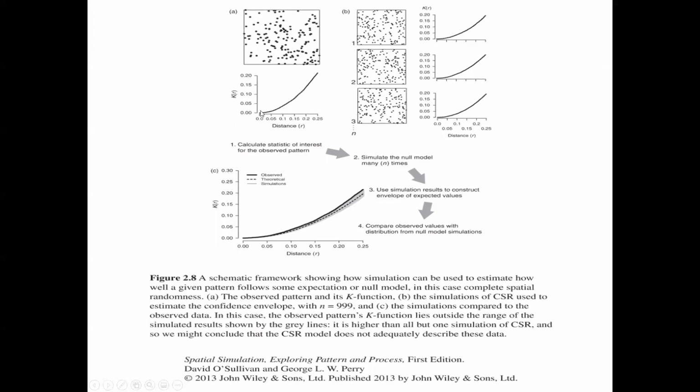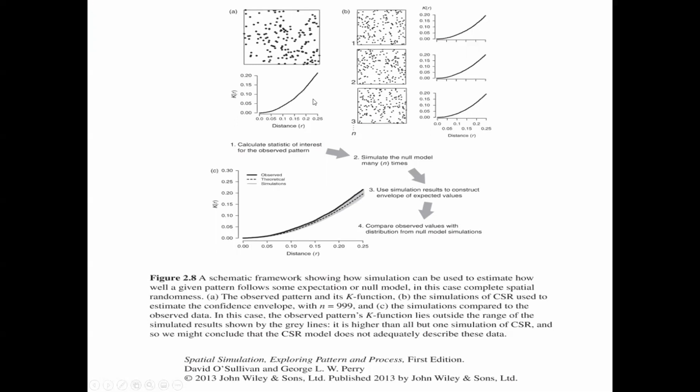Then we compare the observed curve and the envelope formed by these 999 simulations. The solid black line is the observed one. In the center of this envelope, we have a dashed line for the theoretical curve for this pattern, and the shaded area is the simulation envelope.